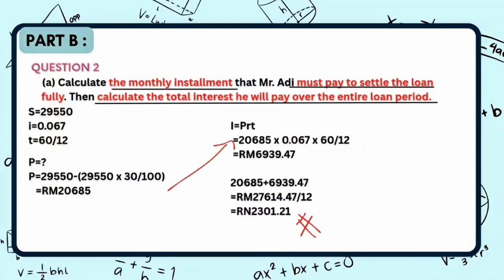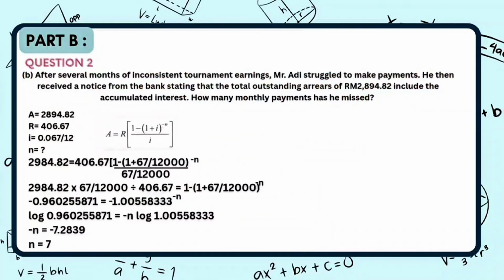Then it will be 27,614 and 47. Then divide by 12 to search for the monthly repayment amount. Then you will get 2,321.